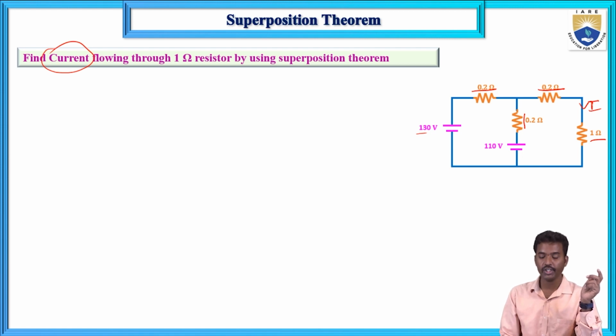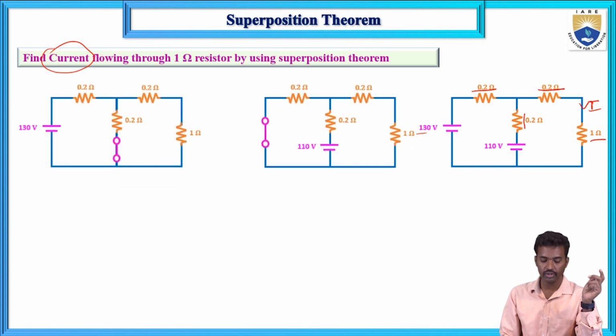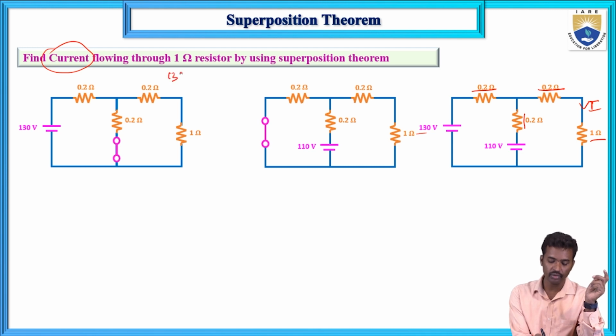Now individual response, how will you draw the individual response circuit? Individual response circuit 1: 130 volts is active and 110 volts is deactive. That means this is 0 and this is replaced by a short circuit.